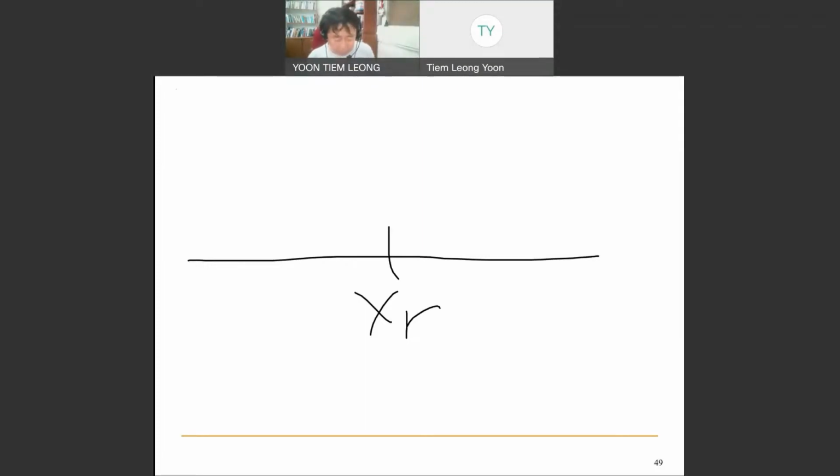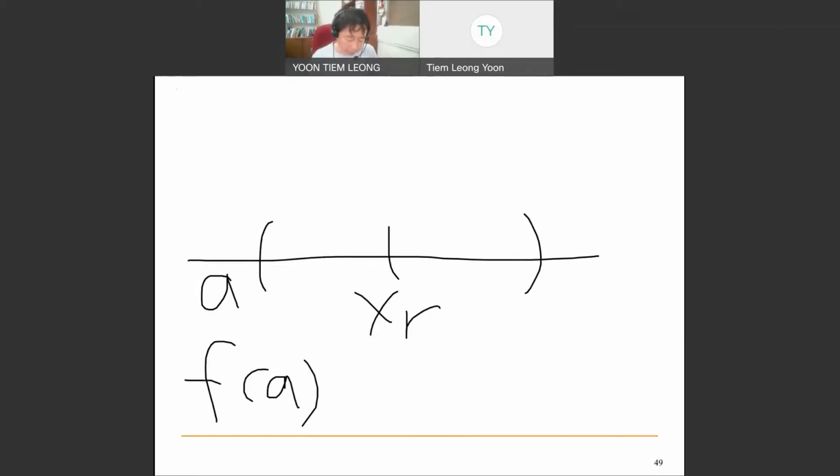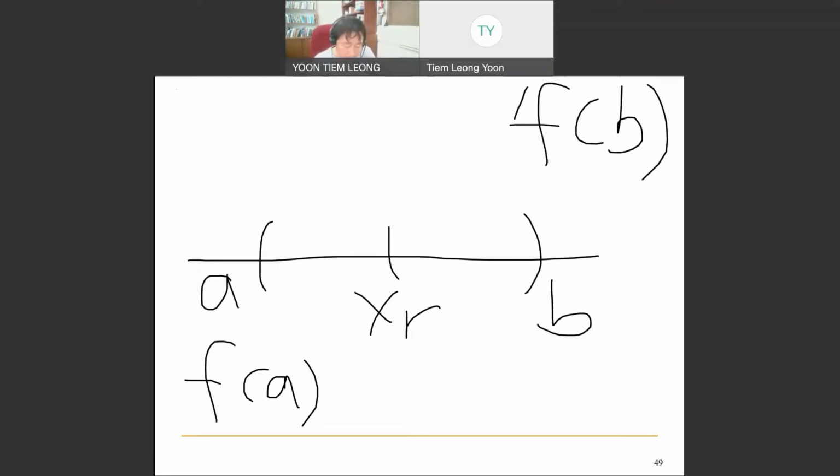Generally you have a point a, and you check the value of the function at the point a, and then you look at another point called b, and you check the sign of the function at b. If the signs at a and b are opposite to each other, like in this case f(a) has a negative sign and f(b) has a positive sign, then it's like this.